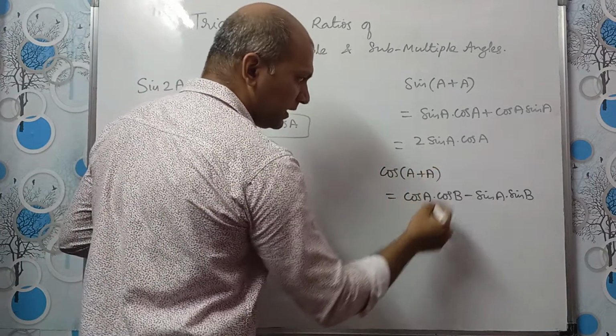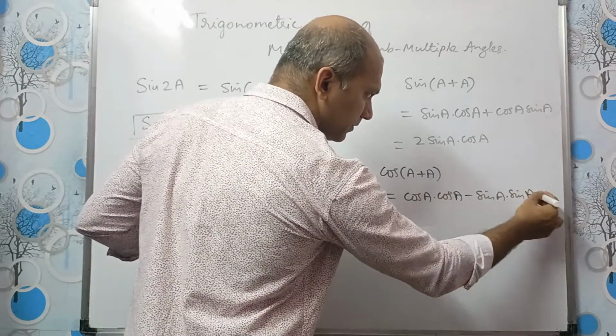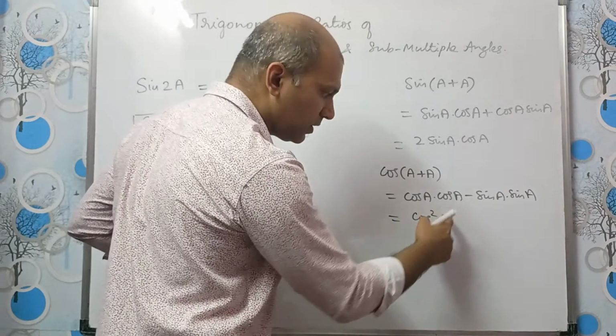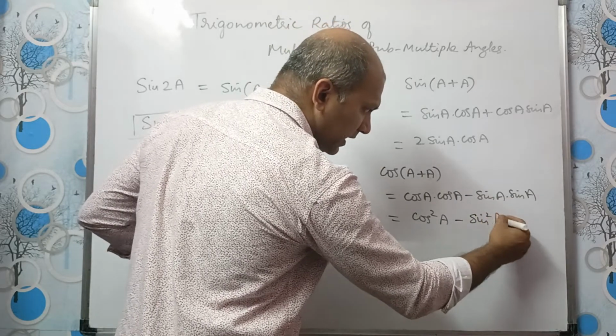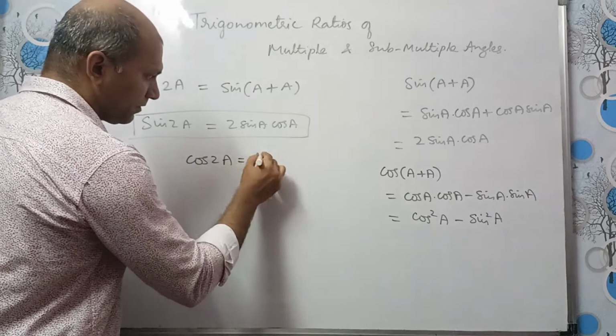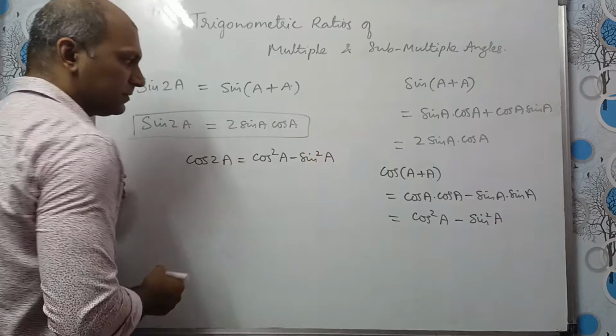So if you write A here and A here, what will this be? This will be cos square A. Cos A multiplied by cos A is cos square A, minus sin A multiplied by sin A is sin square A. So we can write this cos 2A as cos square A minus sin square A.